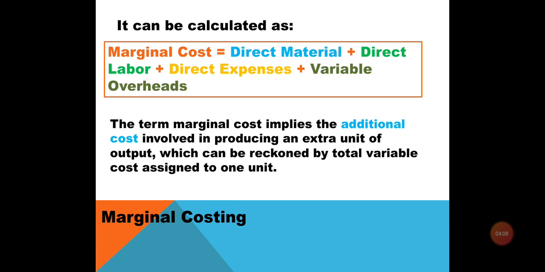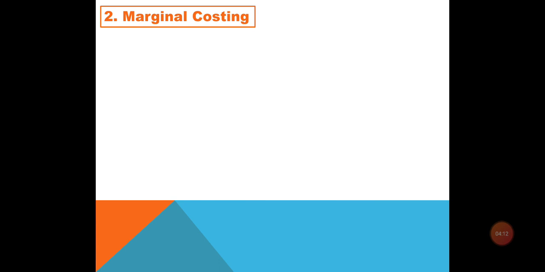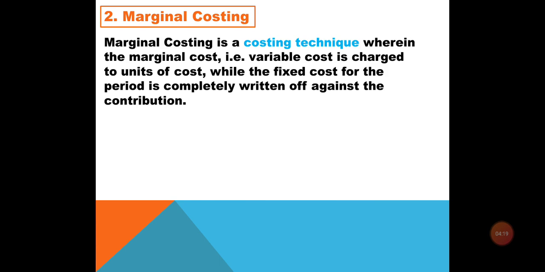Okay, now we will see our second important concept, and that concept is marginal costing. What exactly is meant by marginal costing? Marginal costing is nothing but a costing technique wherein the marginal cost, which is nothing but the variable cost, is charged to the unit of cost, while the fixed cost for the period is completely written off against the contribution.